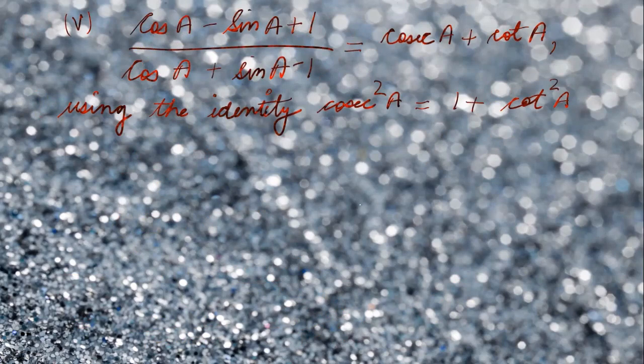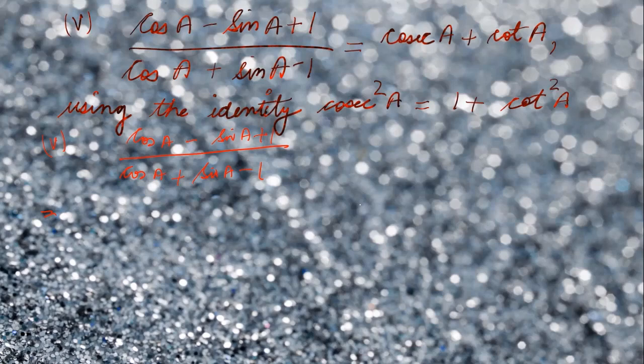Now the fifth part is cos A minus sin A plus 1, divided by cos A plus sin A minus 1. So now you can see you will be having the value cosec A and cot A. So how will you be getting cot over here?